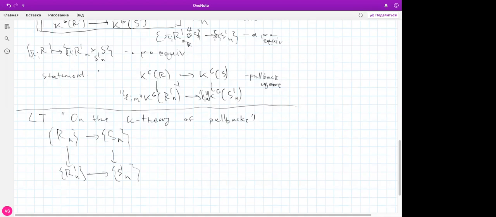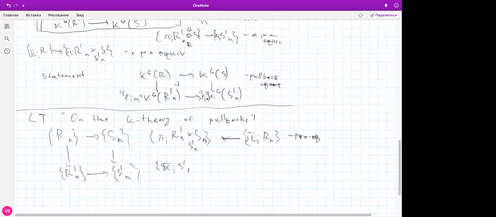And you have the same condition, pi of R_n prime cross S_n over S_n prime, is a pro-equivalence, and the same condition for the other side of the picture.